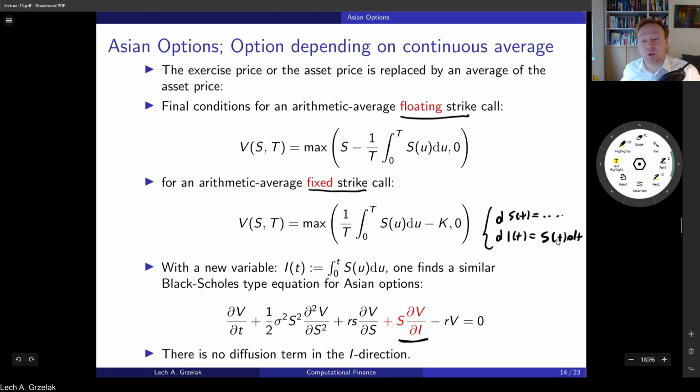You see there is no Brownian motion here, we have just a drift, which is a function of S. So once we talk about the pricing of Asian options, we essentially move away from a one-dimensional problem. It becomes a higher dimensional problem because now our PDE would involve two independent variables, I and S. And that is also seen here. So first you would simulate your stock, and the second variable would represent the integral of your stock.